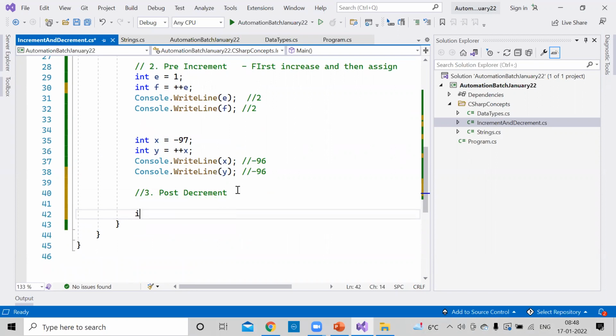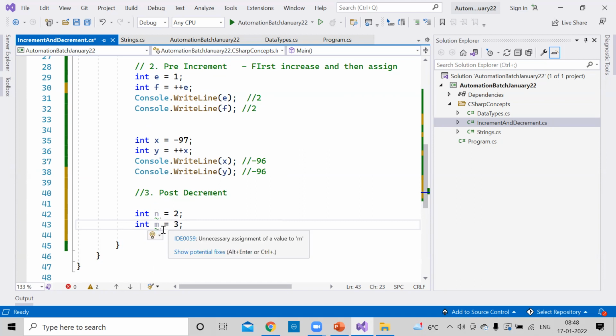So let us say I have integer n is equal to, let us say, 2. Okay, and define one more integer value over here, m is equal to n. We are discussing post-decrement, so decrement means minus minus.